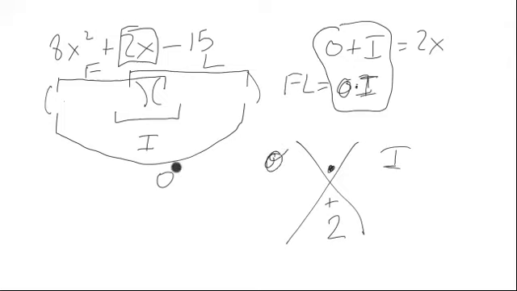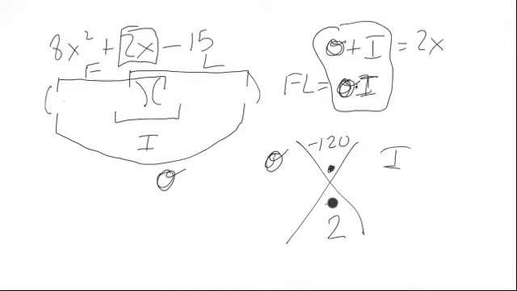So you're not thinking that's 0, I'll make it an O like that. When we multiply the coefficients together, we get 8 times negative 15, which is negative 120.